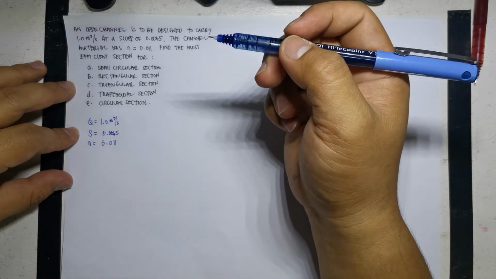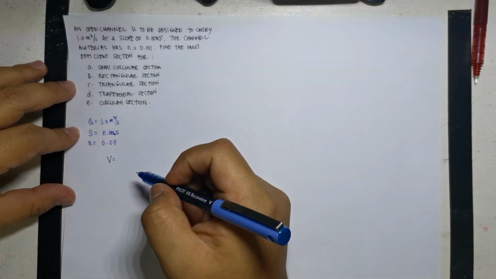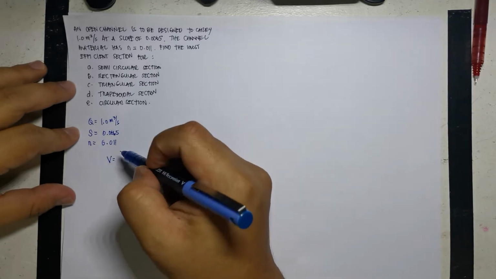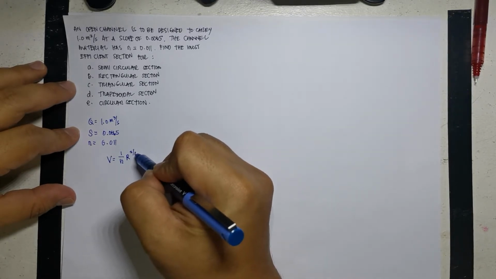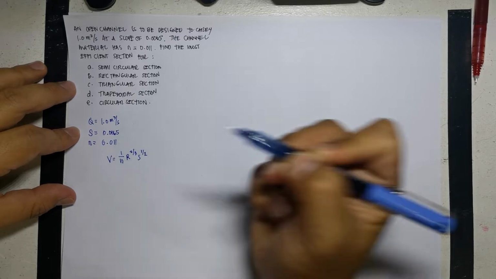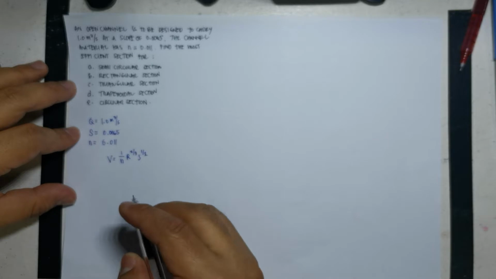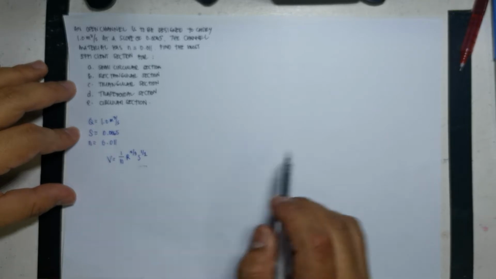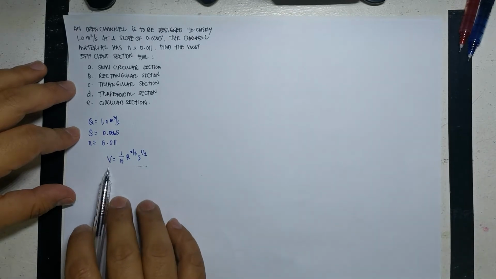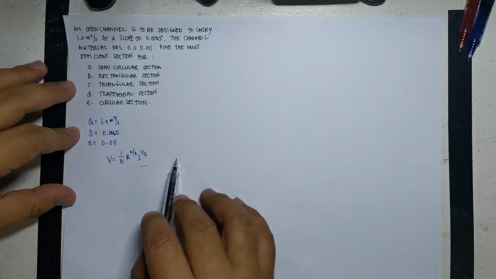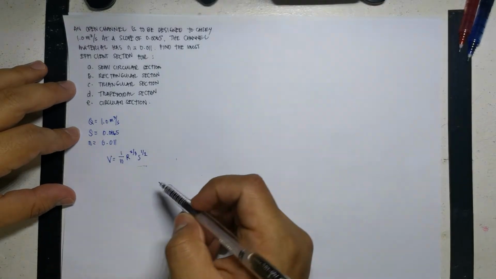Okay. So we know naman that the formula for the velocity is 1 over N, R raised to 2/3, S raised to 1/2. So dapat nananalaytay na sa dugo natin si Manning equation for velocity. So kapag minultiply natin yun sa area, that will give us already the Q. So pwede na natin diretso.